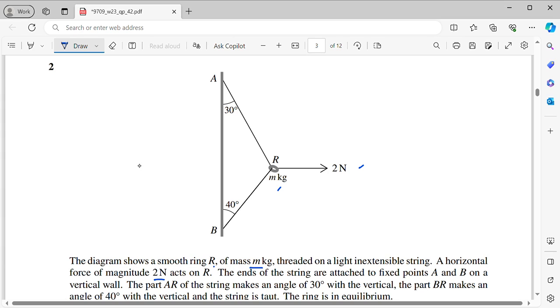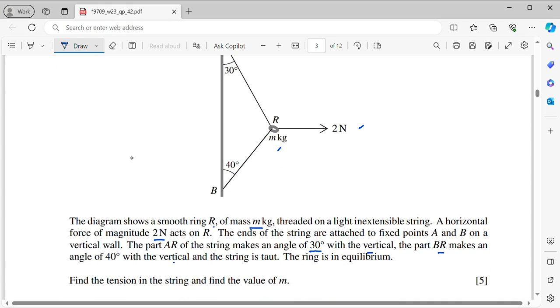The part AB of the string makes an angle of 30 degrees with the horizontal, and the part BR makes an angle of 40 degrees with the vertical, and the string is taut. The ring is in equilibrium. So this is the key word. Equilibrium means that the ring is static, is not moving.